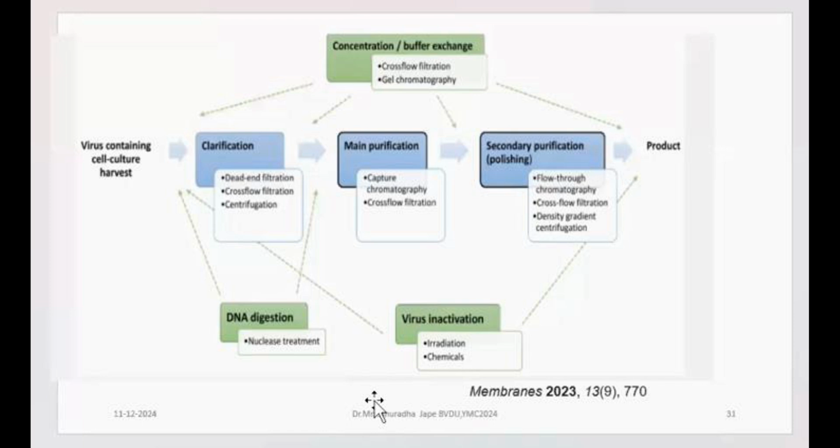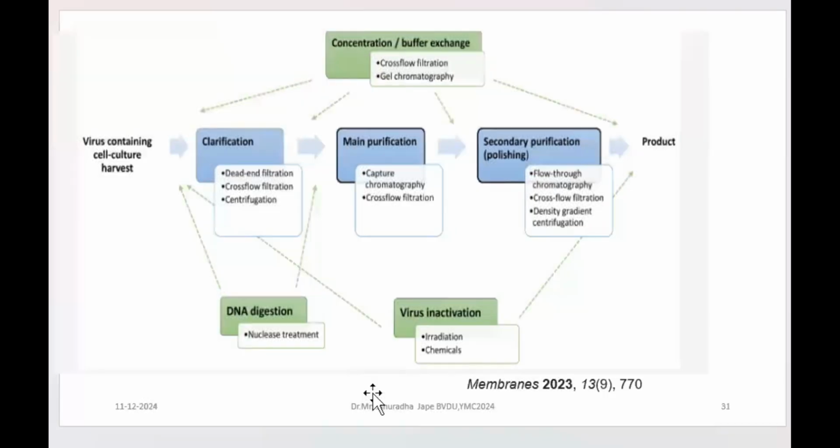You may then proceed to main purification methods where again filtration could be one of the methods, but chromatographic techniques are applied so that selectivity is enhanced. And in the second purification step, where you are going to polish your product, you are going to have a very defined preparation.